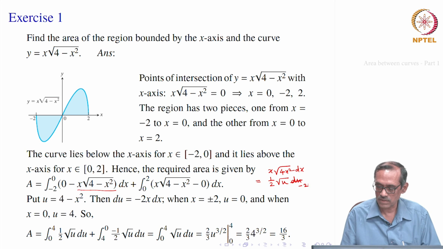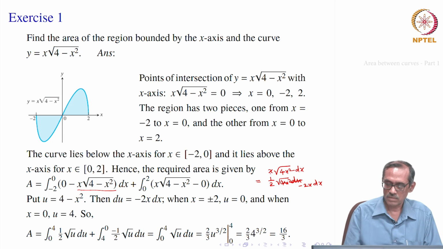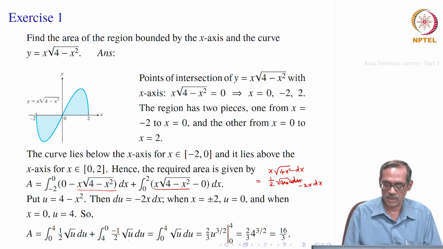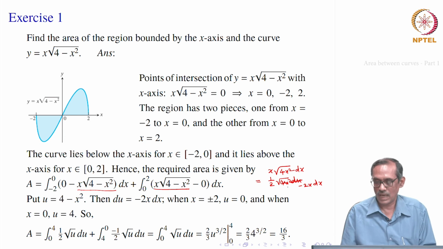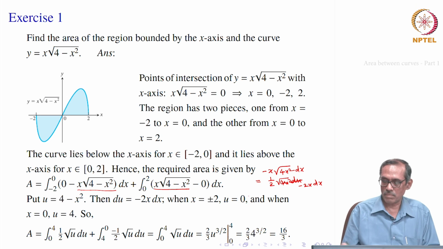So, this is minus 2x dx, and square root u equals square root of 4 minus x square. So, your 2 cancels and you get that minus sign here also, right, minus x. So, the first integral is all right, it is minus x square root of 4 minus x square, which is half square root of u du, and the other one is x into square root of 4 minus x square. So, that gives minus half, so for the minus sign, you get minus half square root of u du.